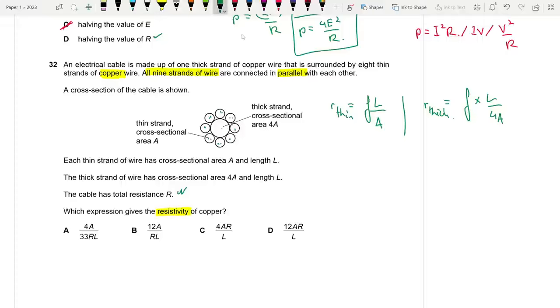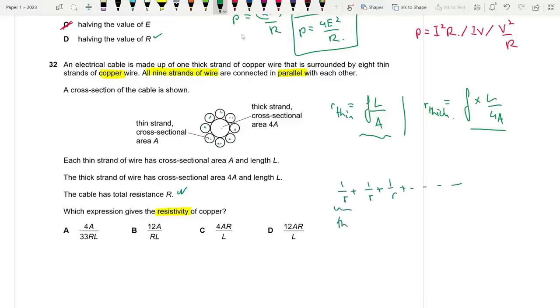Okay, so let's try this. We have one of this, rho times L by 4A, plus this 8 times, and its reciprocal. For parallel wires, what is the formula? You know that it is 1 by R plus 1 by R plus 1 by R this many times.